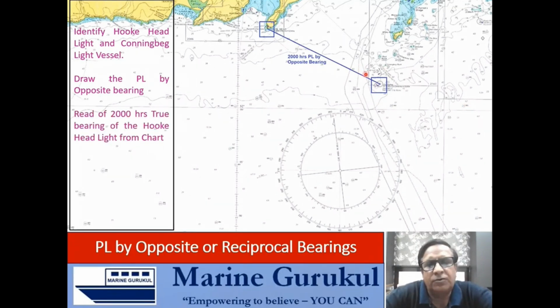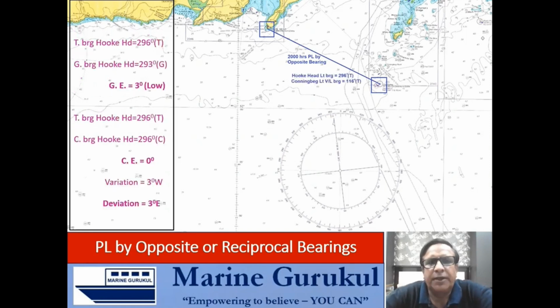Now, read off the true bearing of Hook Head Light. You transfer this line to the compass rose and read off the true bearing in the direction of Hook Head from the chart. True bearing of the Hook Head Light from the chart is 296 degrees true. Gyro bearing of Hook Head given in the question is 293 degrees gyro.